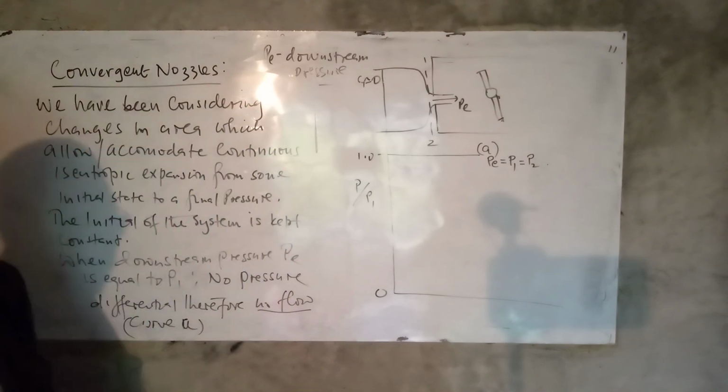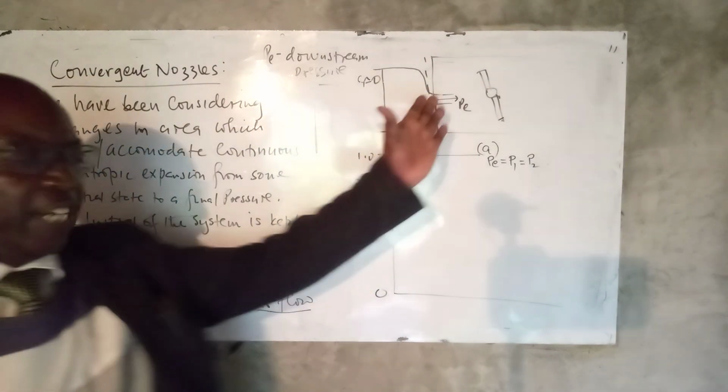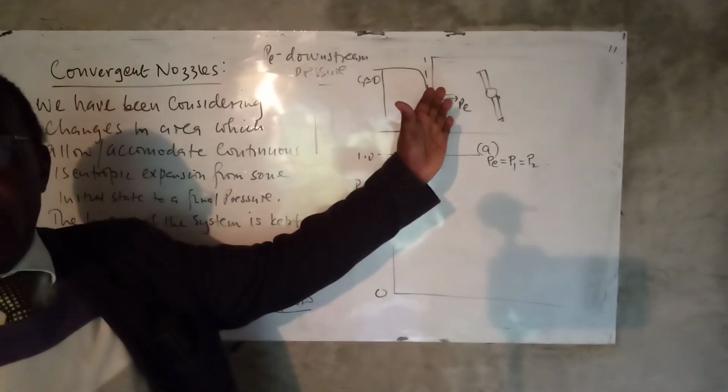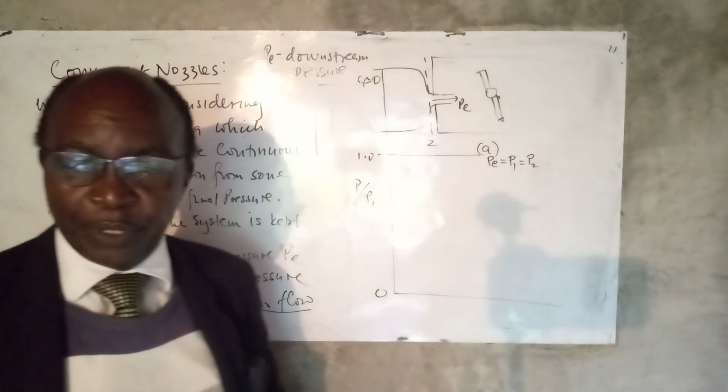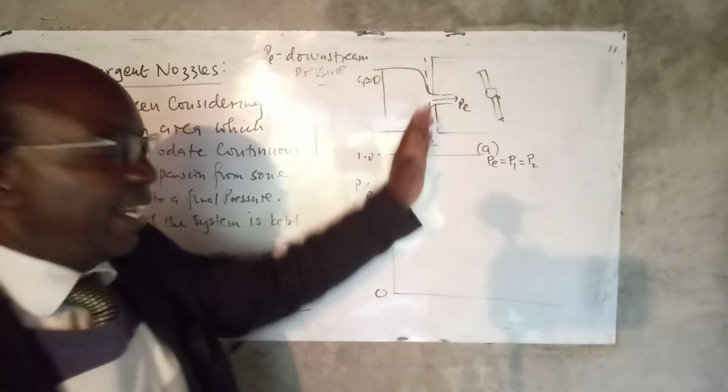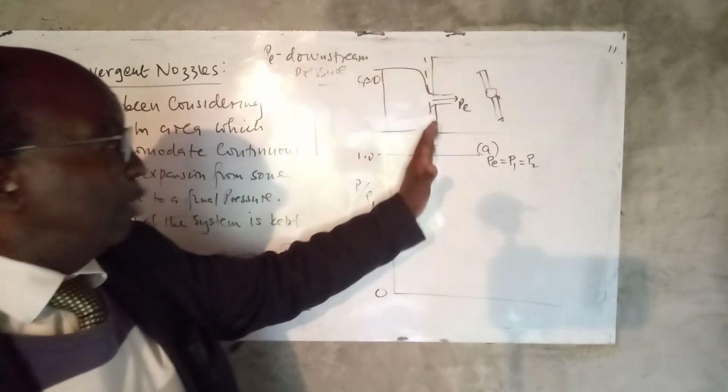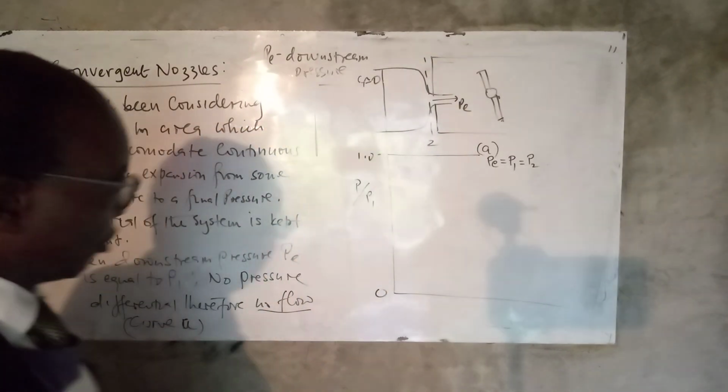And what is P2? P2 is the pressure at the plane of the exit of the nozzle.